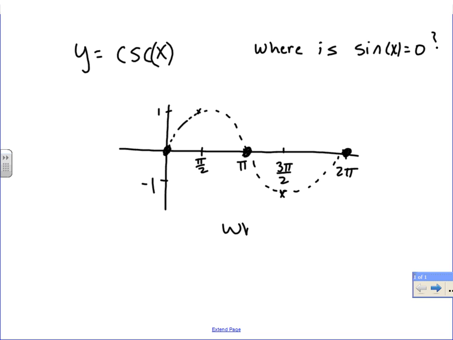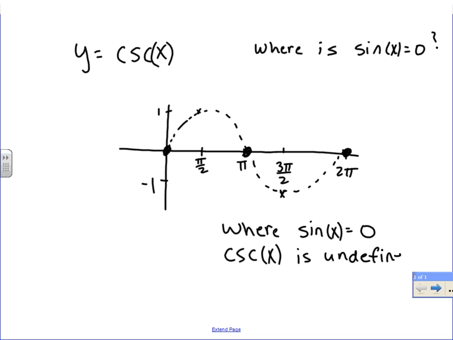Let me write that down. Where sine x is 0, cosecant x is undefined. That should make sense to us because cosecant is 1 over sine.